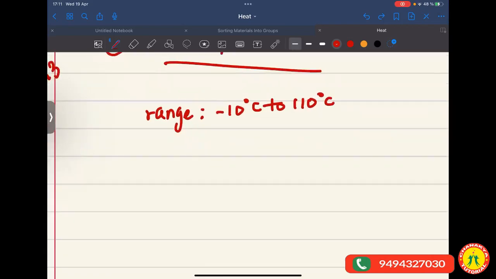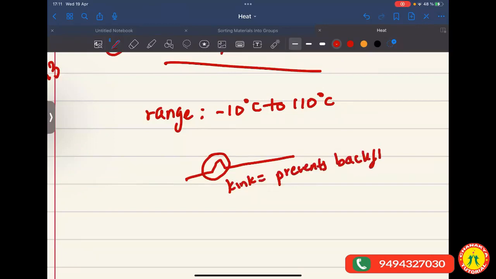You saw the mercury goes like this and like this. This is called the kink. So as Anubhav told, the kink only will prevent it from backflow. That is why when you take it from your mouth, it does not move up or down.